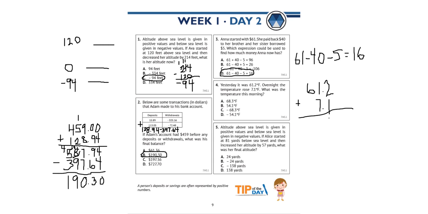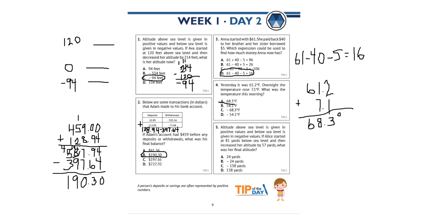So we have 2 plus 1 is 3. 7 plus 1 is 8. And we want to make sure we bring down our decimal. So our answer is 68.3 degrees. And it is A.